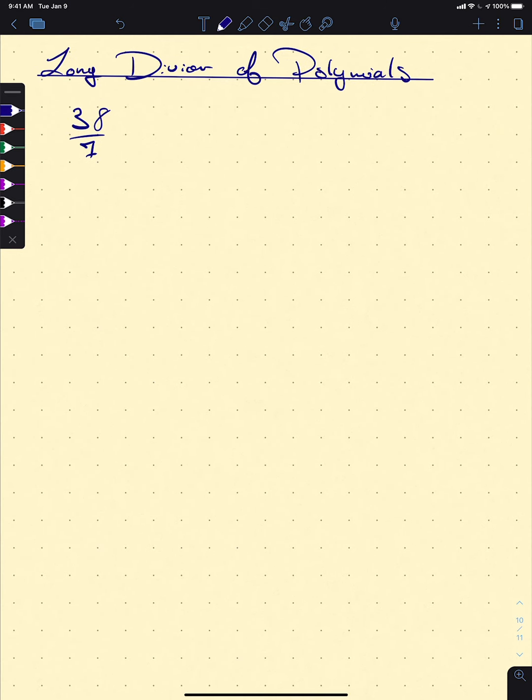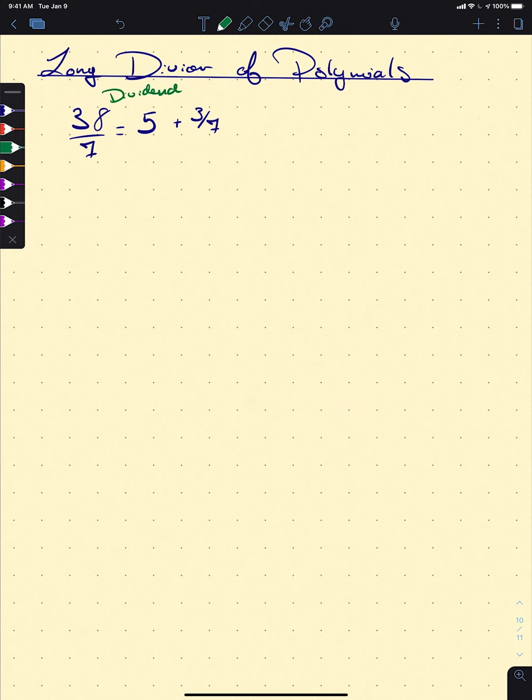If we were to consider the fraction 38 over 7, well, that's the same thing as 5 plus 3 over 7. 5 times 7 is 35, plus 3 over 7 is 38 over 7. This is the way that we normally think about it, and we can label these component parts.